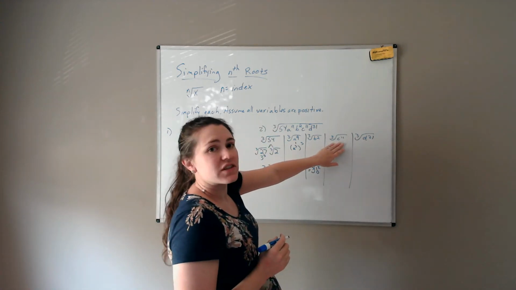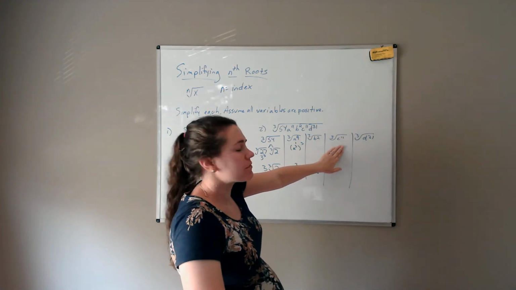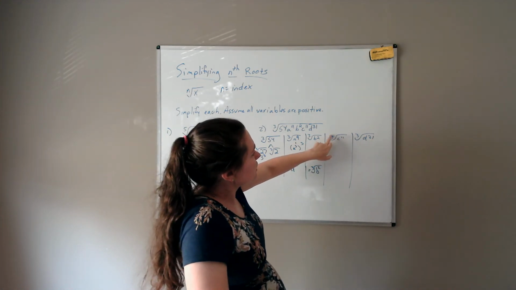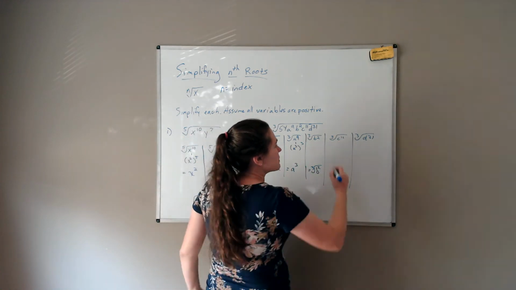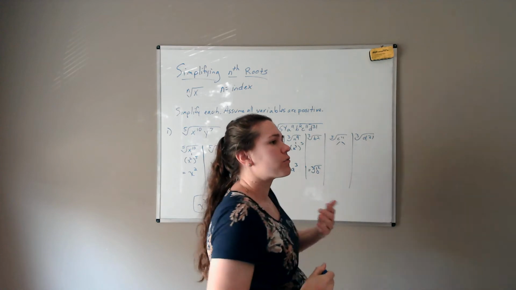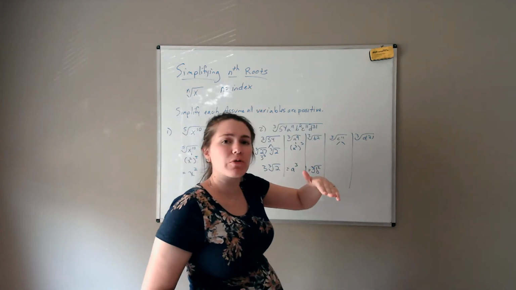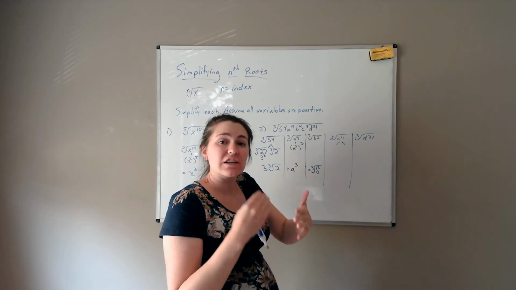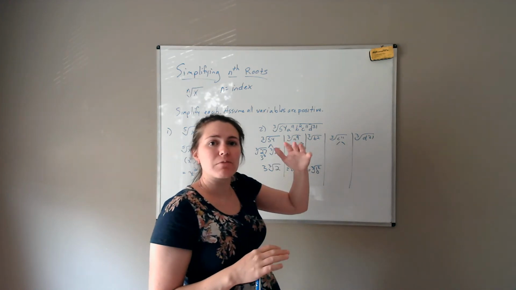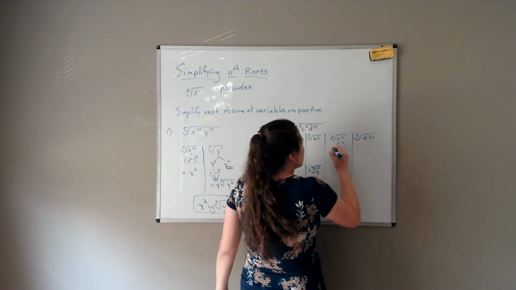The cubed root of c to the 11th. I have 11 factors of c, so I'm obviously going to be able to simplify this, but 3 doesn't go into 11 evenly, which means I'm going to have leftover factors of c. So you count down from 11, and you get to the first multiple, which needs to be the largest multiple. So counting down from 11, 10, no, 9, yes.